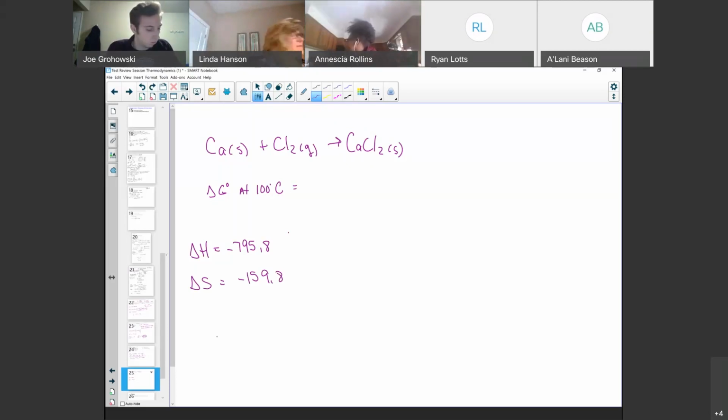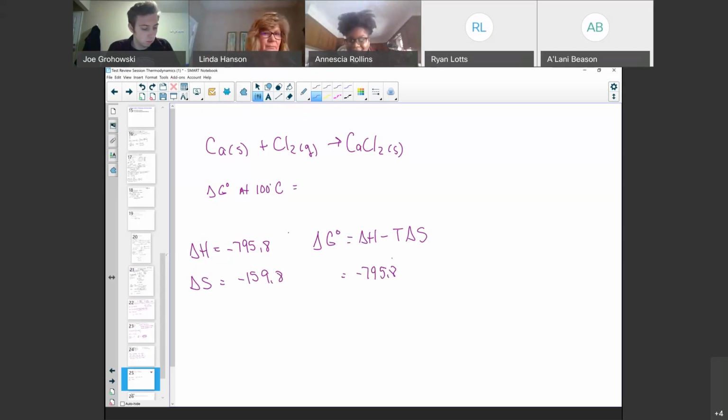At 25 degrees, these are the delta H. So when we solve for delta G, we're going to pull out negative 795.8 minus 373, that's the Kelvin, and then negative 0.1598. Does that look like what you solved?